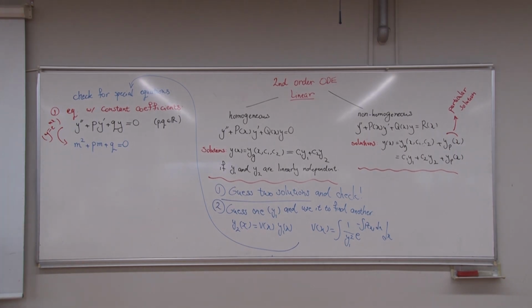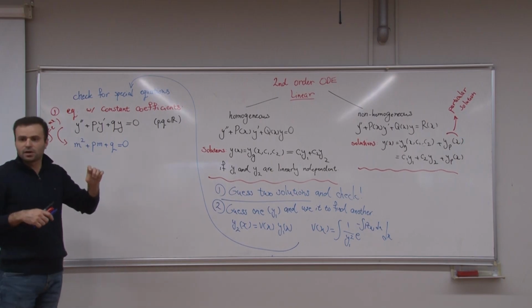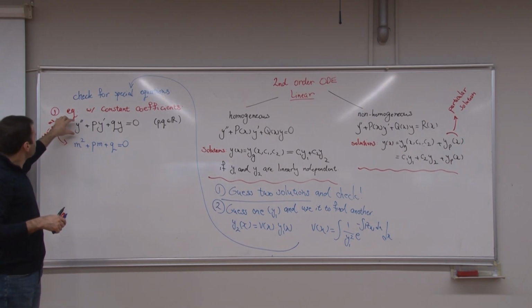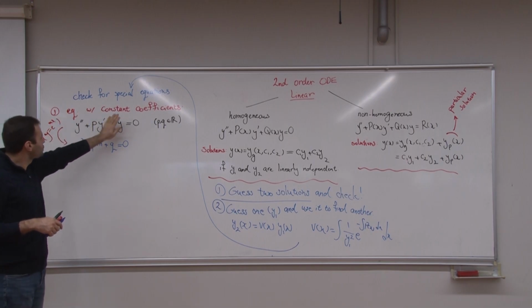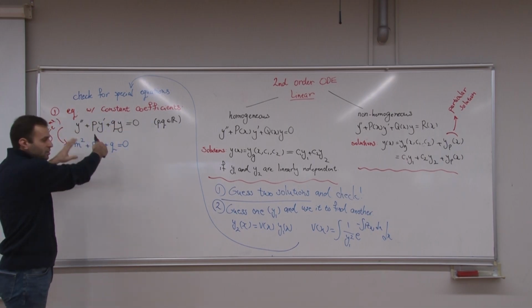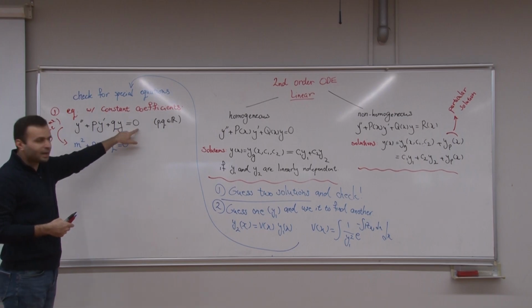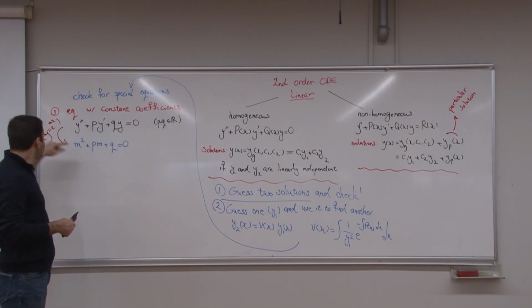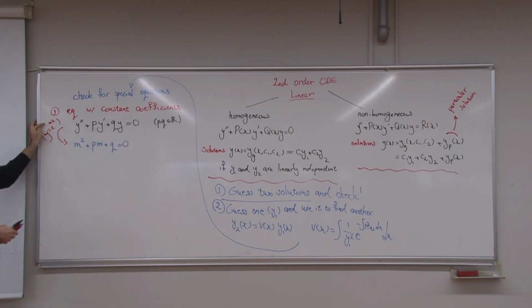Because our intuition was this: if I take derivatives of e to the power of mx, the first one or second one or whatsoever, I'm still dealing with the same type of function. So the same type of functions with different coefficients can only come up and be equal to 0. So this is a valid assumption. And we have come to that point and we have seen that yes, it's actually working.